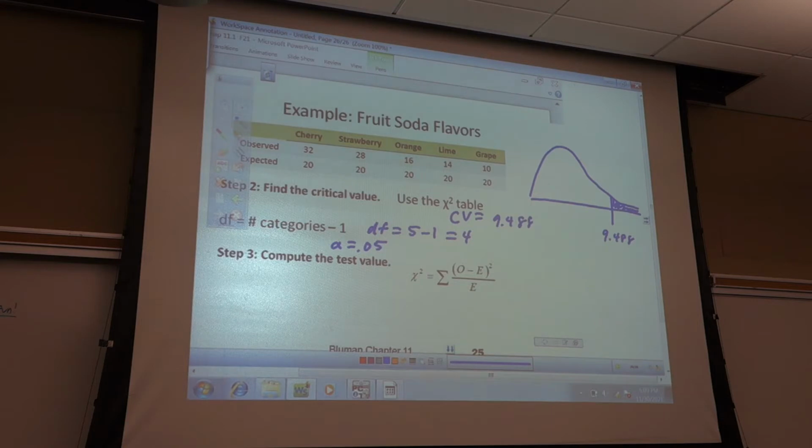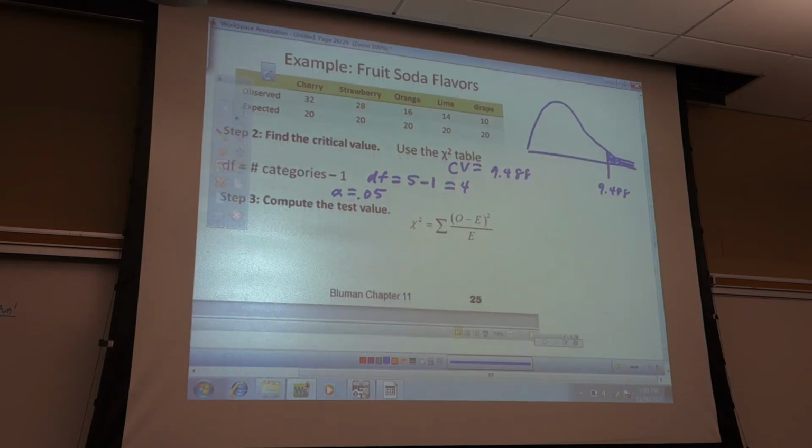Now I need to compute the test value. So you have a little bit of room in there to write this. Start at the far right so you have enough room.